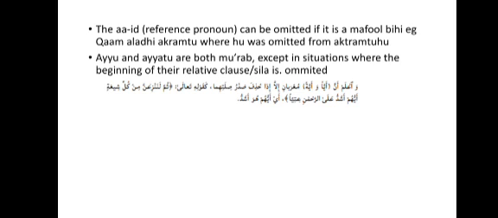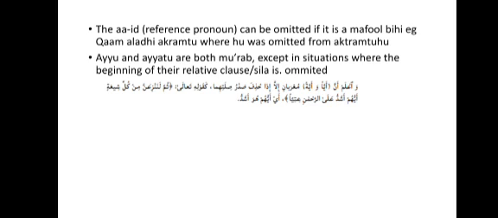Rather, akrama is a past tense verb, and tu is a first person pronoun, which is marfu', and alladhi isn't being referenced here. So according to the rule, there should be a dhamir mansub muttasil, like an object pronoun, referencing alladhi, but it isn't there, because the context allows us to understand what is being referred to.